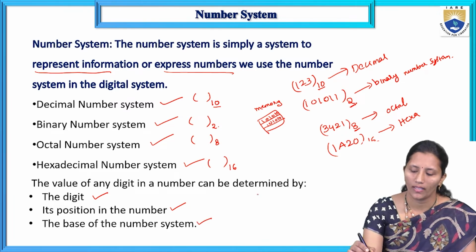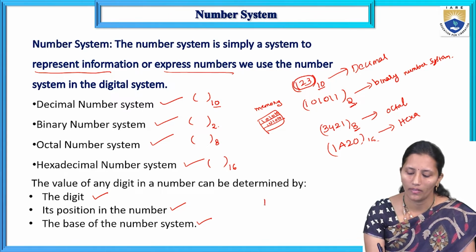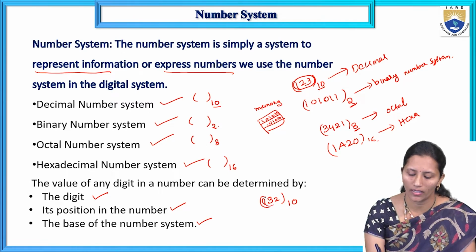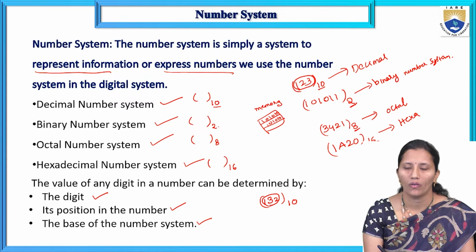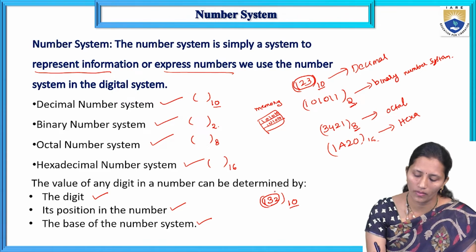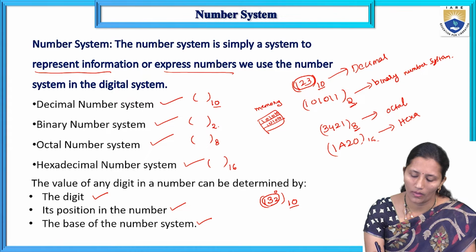For example, I am taking 132 base 10. The digits represent 132, the base represents 10, and then the position in the number. We write the positions from right to left: 0, 1, 2.